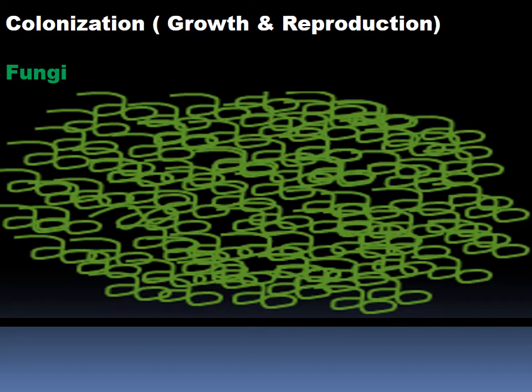in the invaded tissue. The second thing is that fungi reproduce both asexually as well as sexually by the production of spores. But remember, during the growing season fungi reproduce asexually because asexual reproduction provides more chances to produce more spores, so the chances to invade other plants as well as new parts of the plant increase.